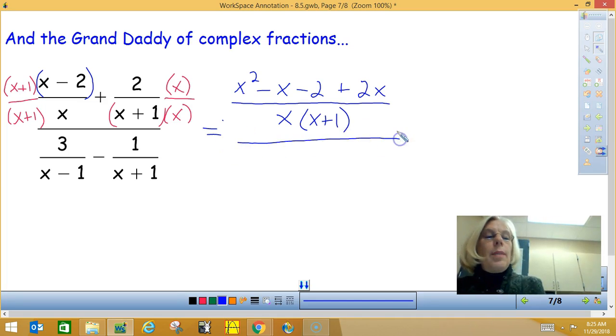Now working with the denominator. My common denominator is going to have a factor of x minus 1 and x plus 1.